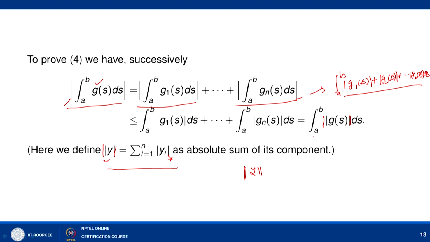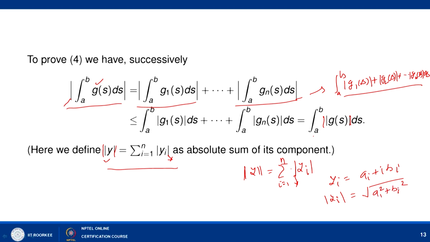So to prove this inequality, we are using the following definition of norm, that norm of y is the summation from i equal to 1 to n of modulus of yi. Here I am assuming that the yi's are real valued functions. Now if they are complex valued functions, then the modulus is supposed to be as follows: if yi is complex, then I can write it as ai plus i bi, and the modulus of yi is nothing but the square root of ai square plus bi square.